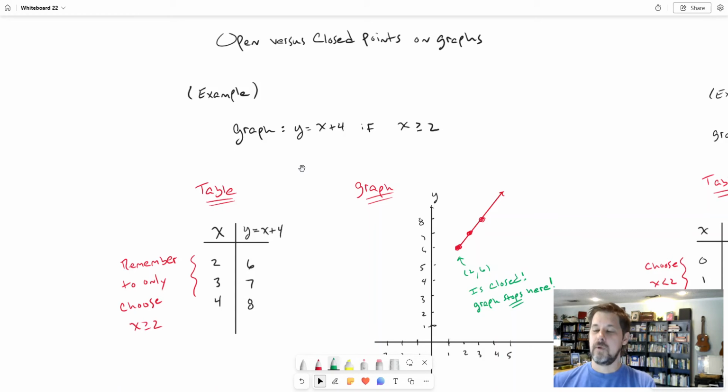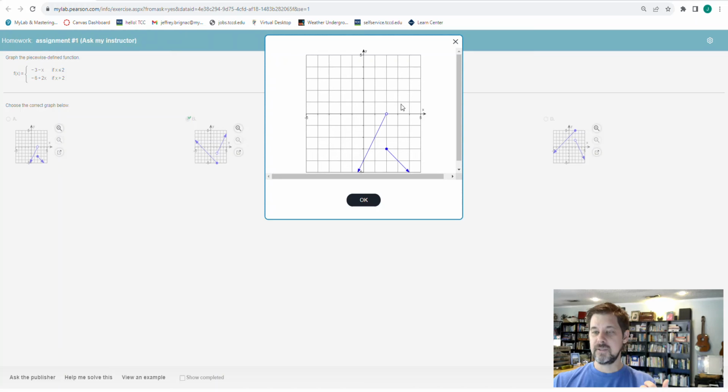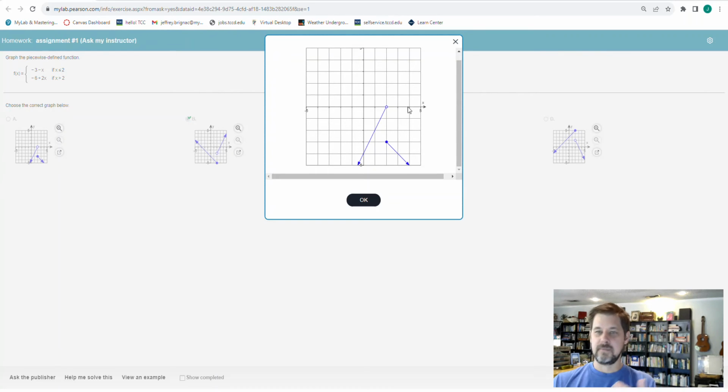So what I'm talking about when I bring up this issue of open versus closed points on a graph is something like this, okay? In this question I'm supposed to choose which graph is correct, and if I look at any of them in detail, there are lines that merge in the middle, and this one has an open point and this one has a closed point.